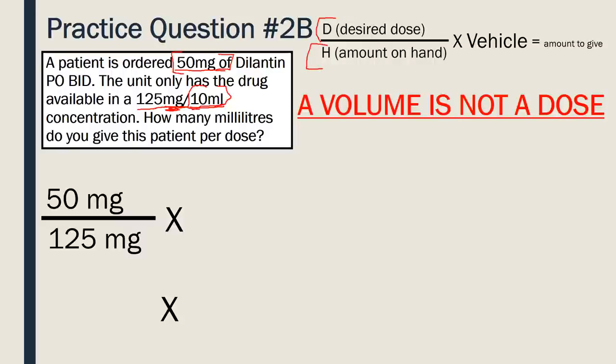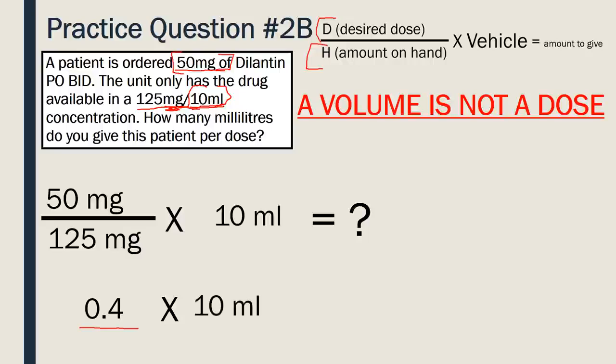The vehicle in this case is 10 milliliters instead of the 5 milliliters we saw in the last question. So this is our formula, and then we just solve it. So 50 divided by 125 is 0.4. Once again, nothing has changed. But we're going to multiply that by 10 this time. And the answer is going to be 4 milliliters.